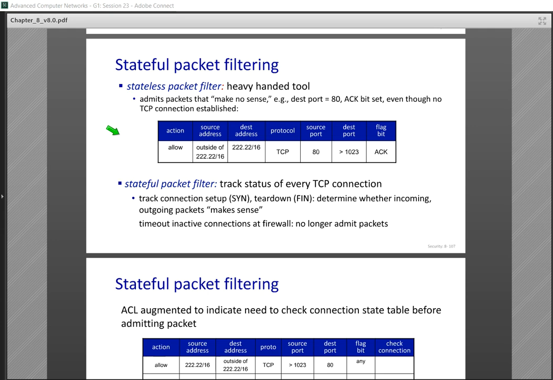In stateful packet filtering, the firewall first looks at the content inside the packet, and then it looks at the relation between the packet and the rest of the packets.